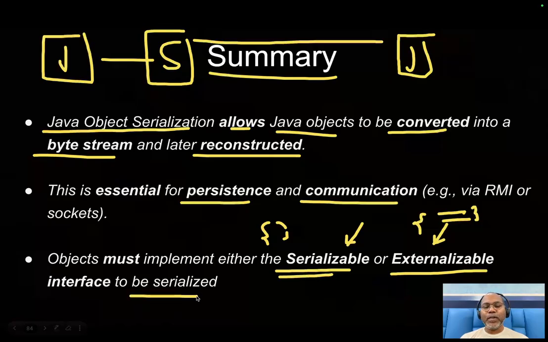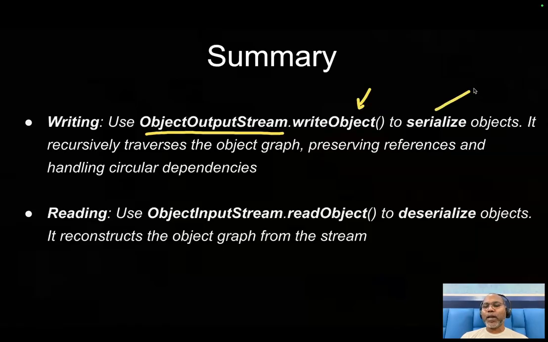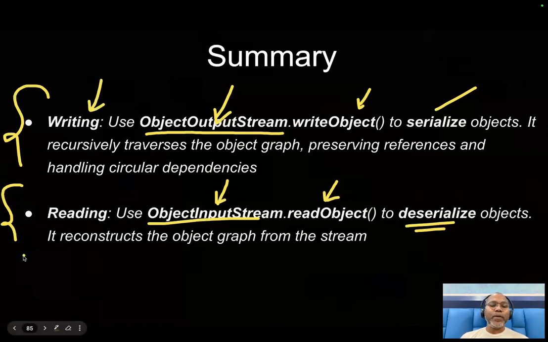One more thing for Java serialization: there are two very basic classes, ObjectOutputStream with writeObject for serialization, and ObjectInputStream with readObject for deserialization. Writing means serialization, reading means deserialization.